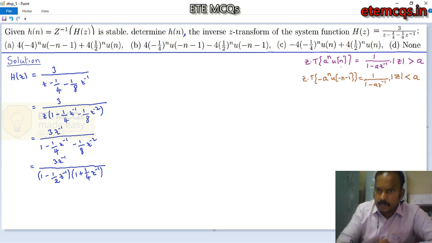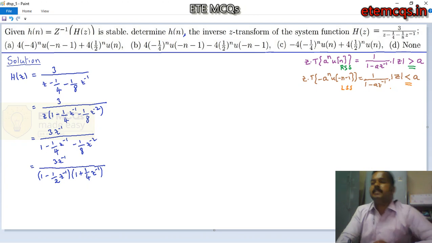If the time domain sequence corresponds to a right-sided sequence, let us just represent it as RSS, you will have a greater than sign. If the same transformation corresponds to a left-sided sequence, you will have a less than sign. That is the main difference. Just be clear about it.